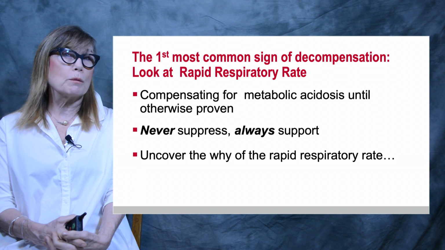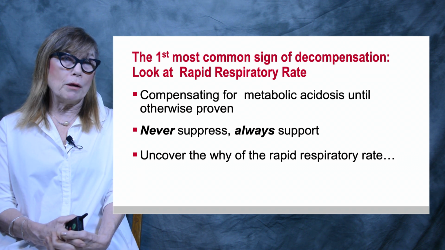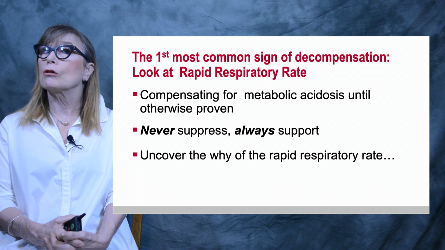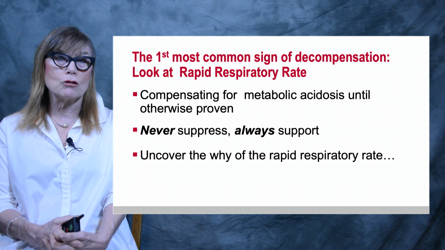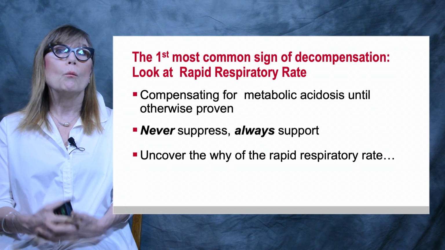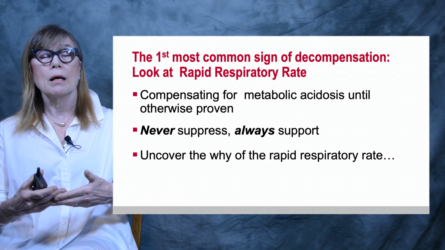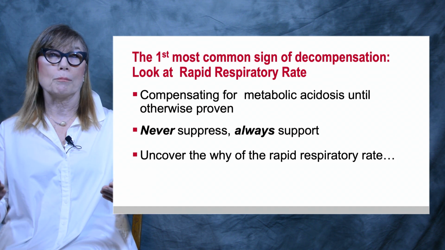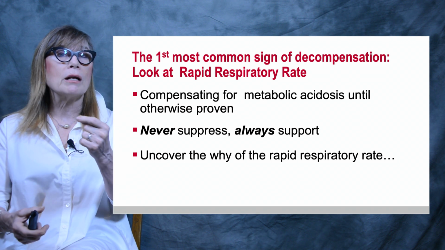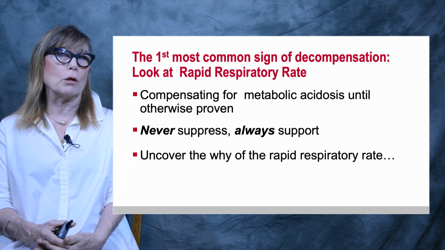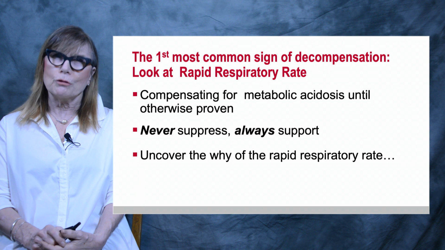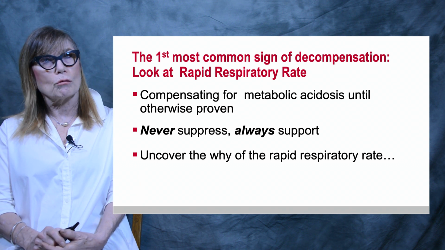And one of the most important things is before we reach for sedation, we should know why the patient is breathing rapidly. We don't want to suppress his breathing. We'd like to support it until we can uncover what the problem is. So uncovering the why of a rapid respiratory rate is quintessential to good nursing care in an acute and critical patient.